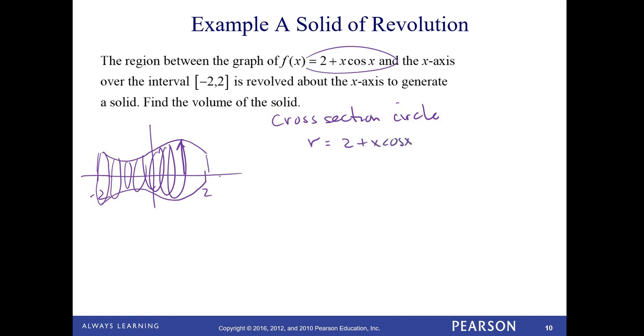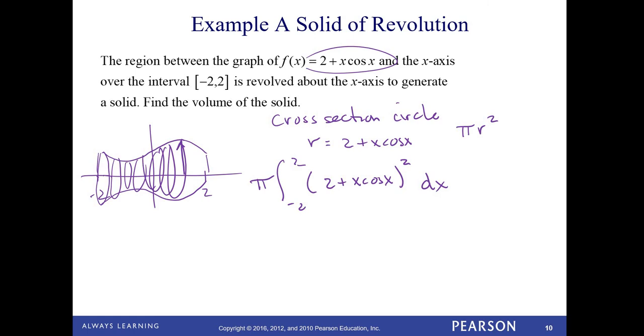I'm going to integrate from negative 2 to 2, and my cross section will be pi r squared. So I'm going to put the pi out in front: pi times the integral of (2 plus x cos x) squared dx.